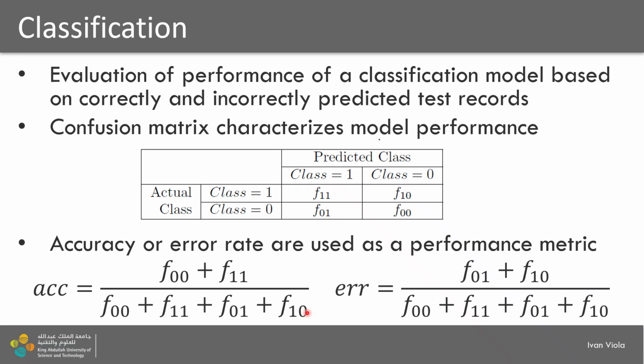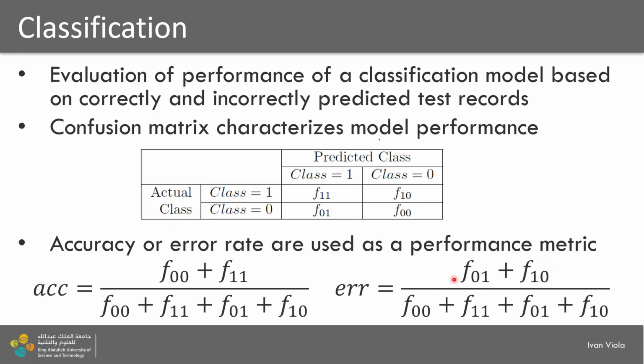In the same scenario, we can talk about the error rate, where we have the incorrectly classified cases. If we stay with the same numbers, we can say maybe we have 20 cases where the class was wrongly predicted as class 1, and 20 where the class was wrongly predicted as class 0.